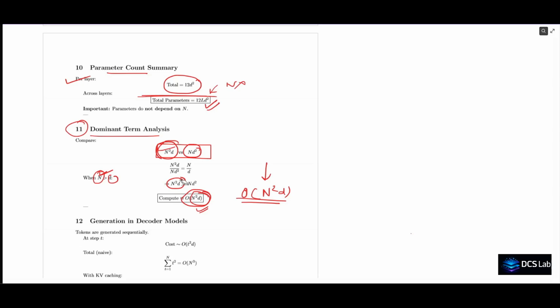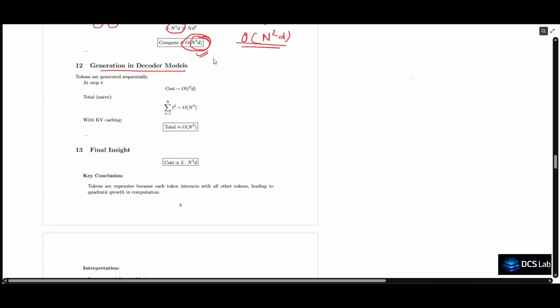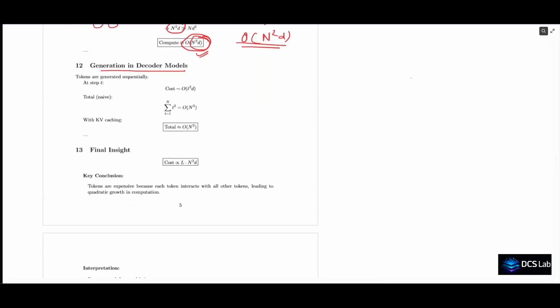Now that we have discussed the computation cost inside the decoder unit, which is order of n square d, let's see how generation in the decoder works. What happens inside the decoder? Say, for example, I say "AI is powerful."